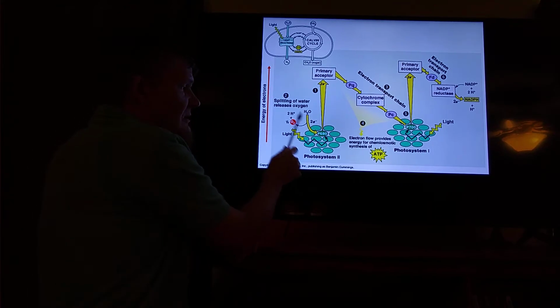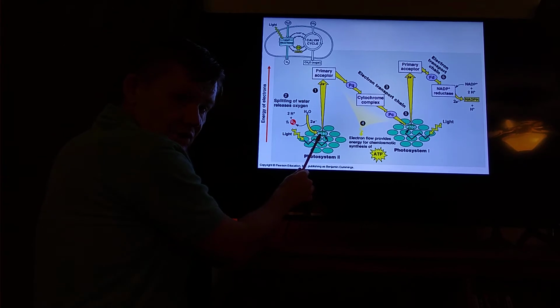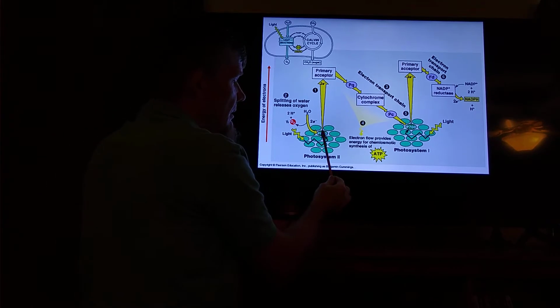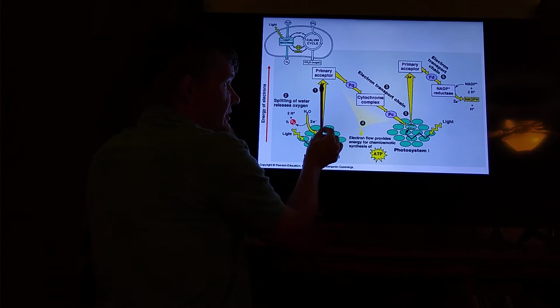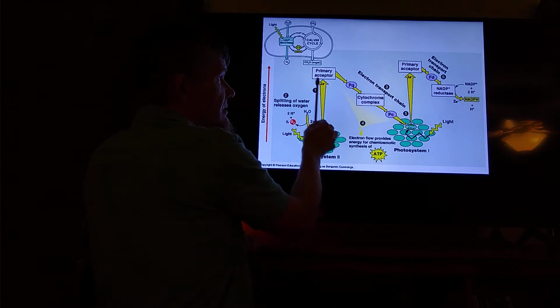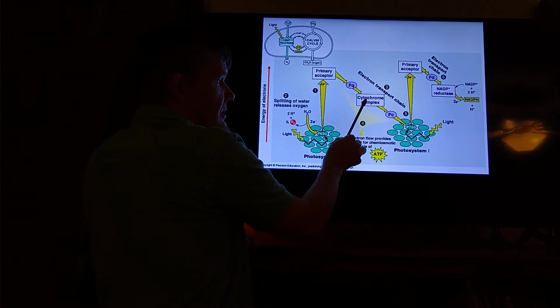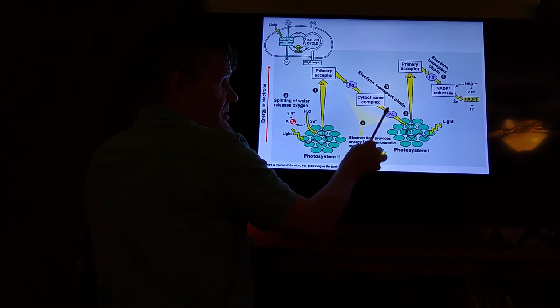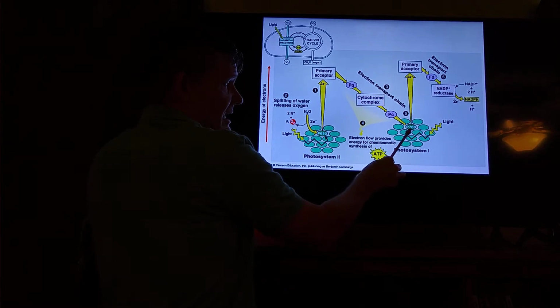A beam of light strikes my molecule of chlorophyll B, called P680. That beam of light will cause it to eject a high-energy electron. That high-energy electron is caught, and ultimately will pass that high-energy electron to another bunch of molecules, to another molecule, until that electron passes and hits chlorophyll A.